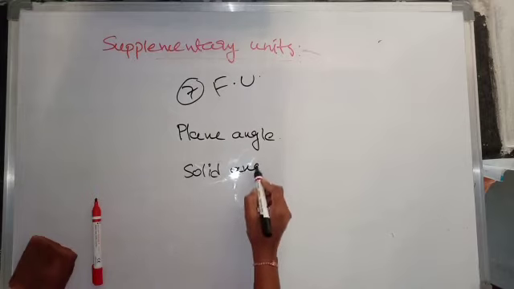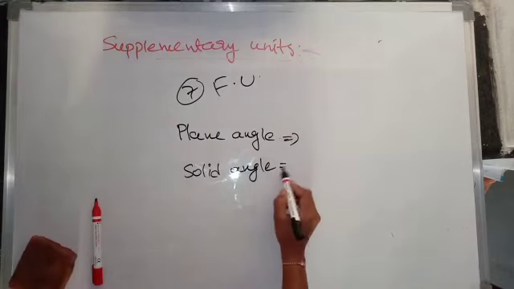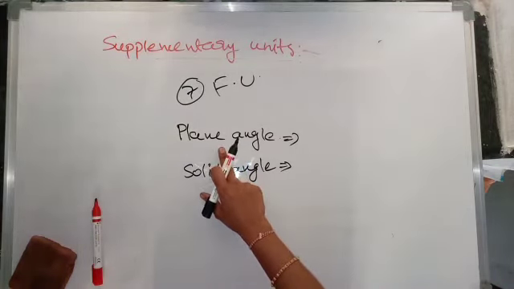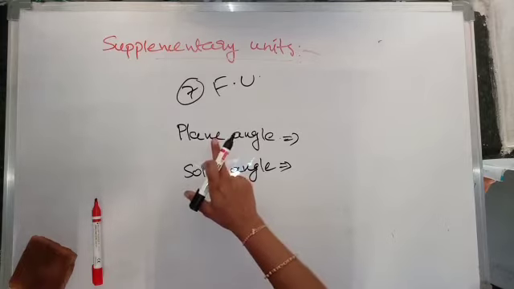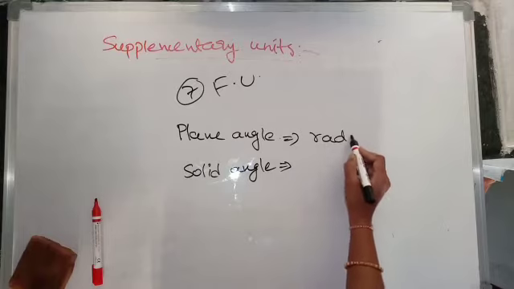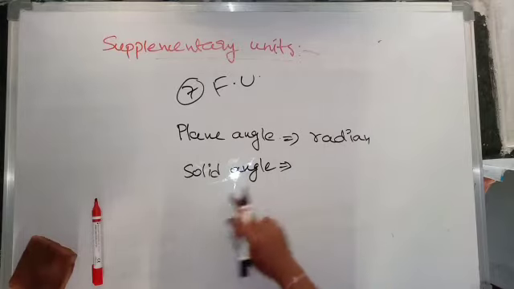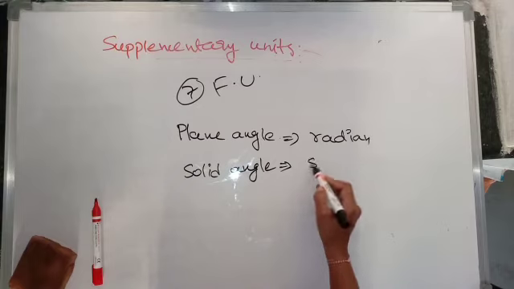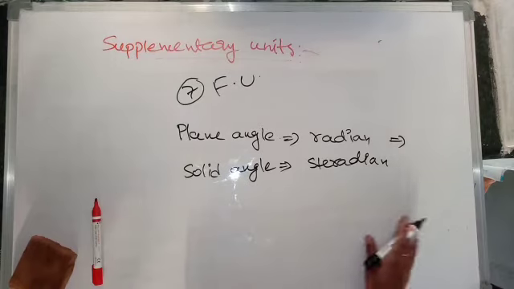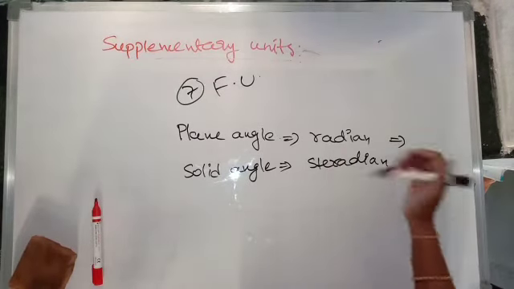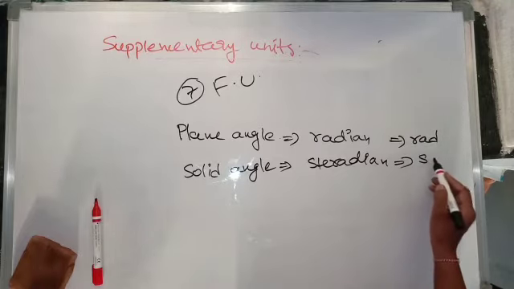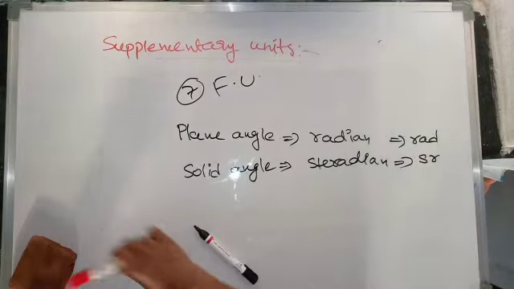These are useful for measuring arc and angle. The unit of plane angle is radian, and the unit of solid angle is steradian. The symbol for radian is rad, R-A-D, and for steradian sr. All of these are small letters.